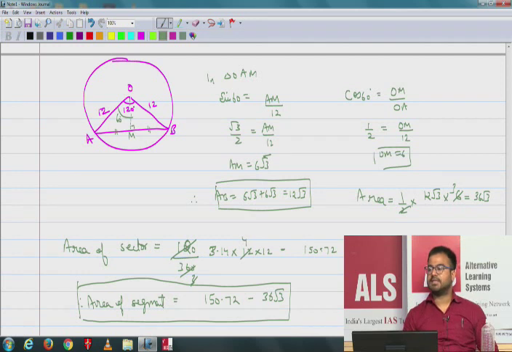Any doubt in this one? Senapati, Sisipur, Tamenglong, Shillong?